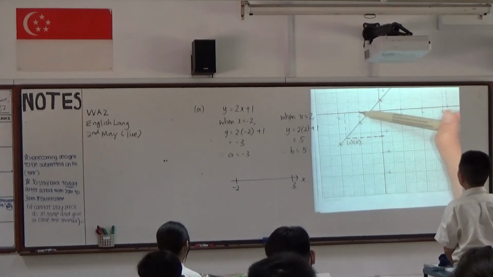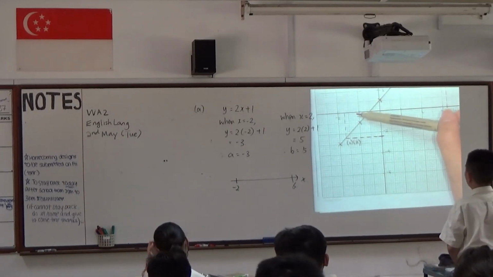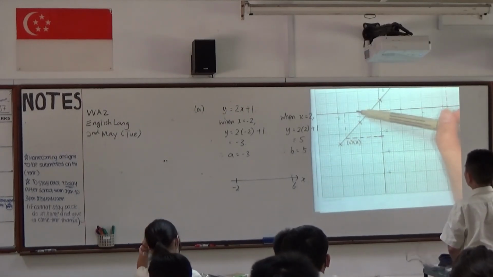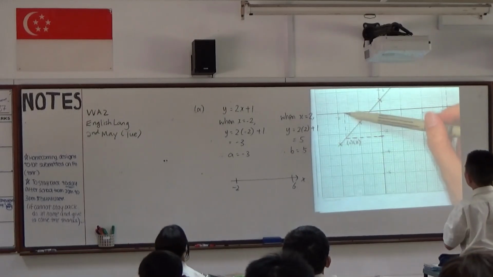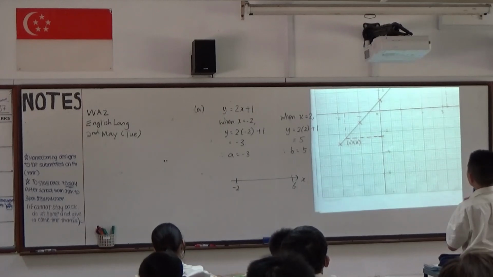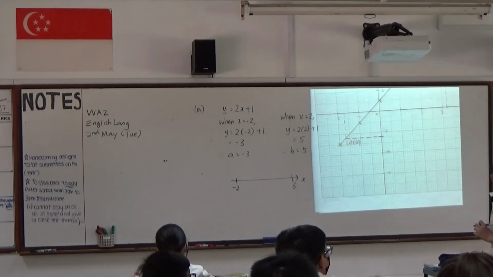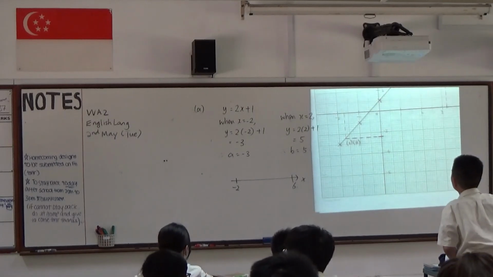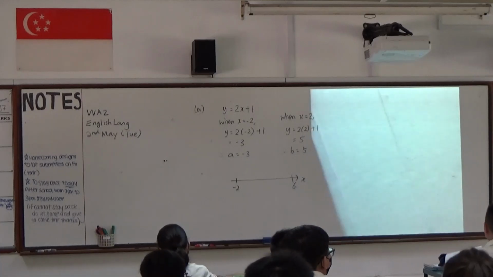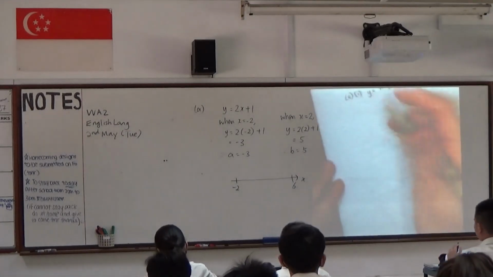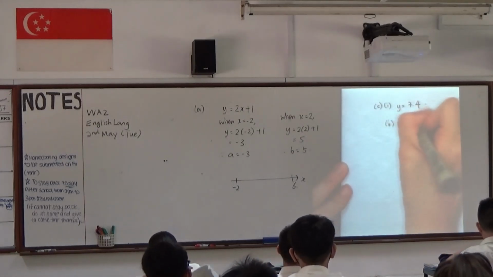So from negative 1, the next one is negative 1.1. So how many small squares after that, and what is this number? Very good. Negative 1.7. Great. So for part 2, our x is negative 1.7.